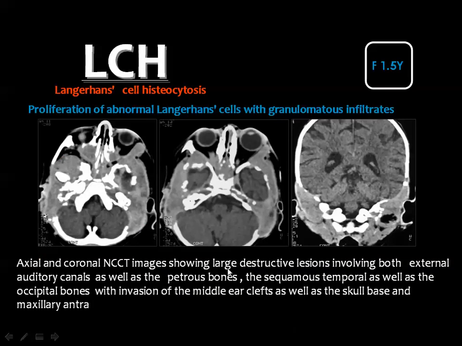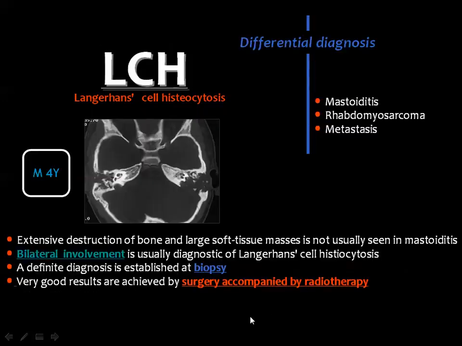And this is another example of a female child, 1.5 years old, and you see soft tissue masses centered to the external canal with involvement of the squamous part of the temporal bone and lateral orbital walls, and this is informative, or let's say diagnostic, of histiocytosis.